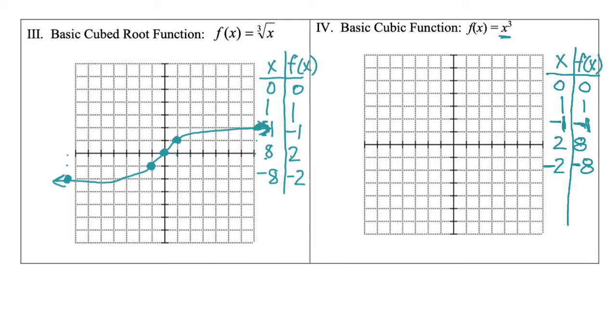Alright, and now plotting our points, we have 0, 0, 1, 1, negative 1, negative 1, and then we have 2, 8, and then all the way up to 8, 1, 2, 3, 4, 5, 6, 7, 8, and then we're going to have negative 2, negative 8, and then we're going to connect those dots.